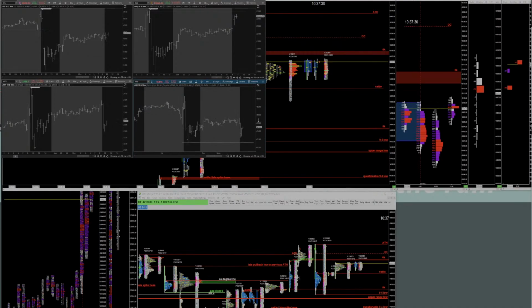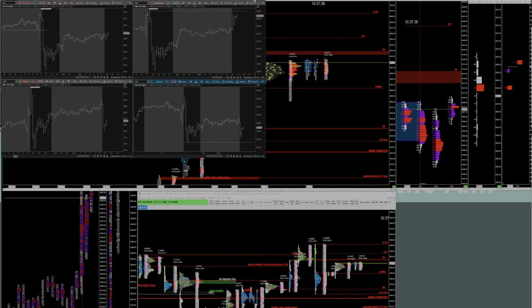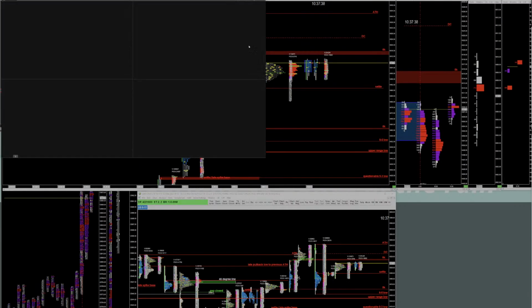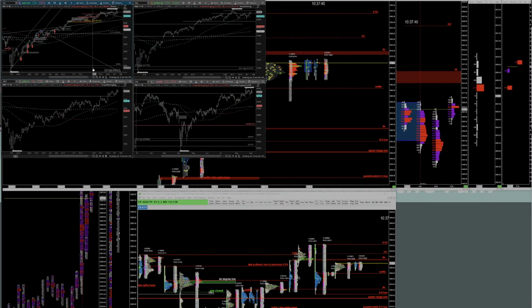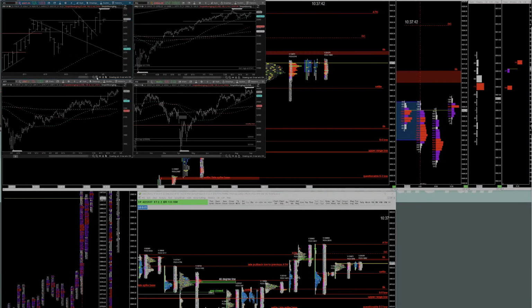And if that happens, this one can drag the ES as well. Now let's check the bigger time frame. We have checked the ES.